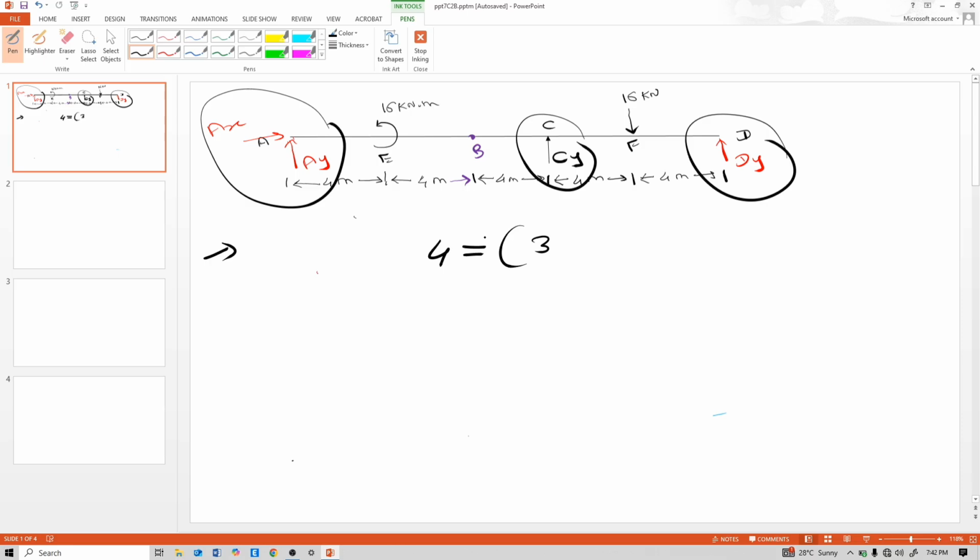The 3 are summation of forces in x equal to 0, summation of forces in y equal to 0, and summation of moments equal to 0. These are 3 equilibrium equations, and why plus 1? Because of this internal hinge one additional equilibrium equation comes. So 4 equal to 4, that means this is a determinate structure.